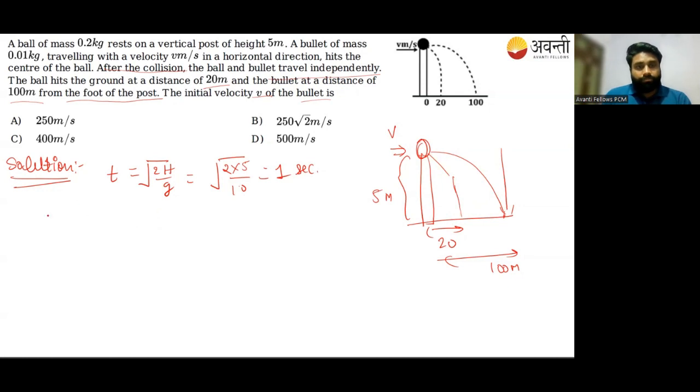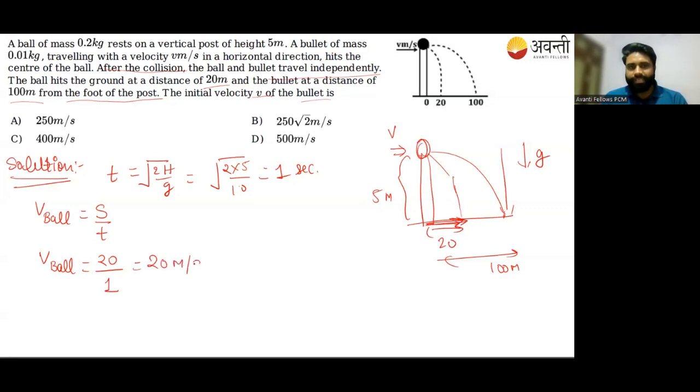Now if I try to calculate the velocity of the ball, I can find the horizontal velocity because in horizontal direction there is no gravitational acceleration. Velocity of ball is distance divided by time: 20 meter divided by 1 second, so the ball has a velocity of 20 meter per second.